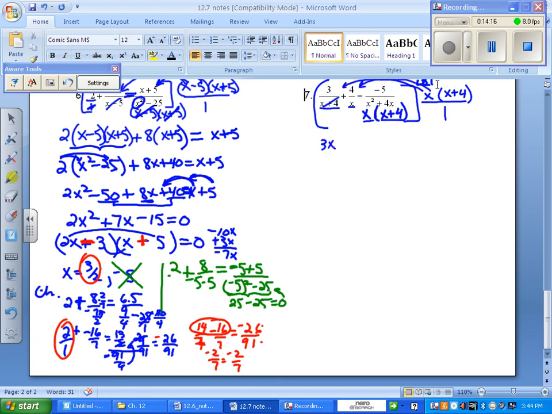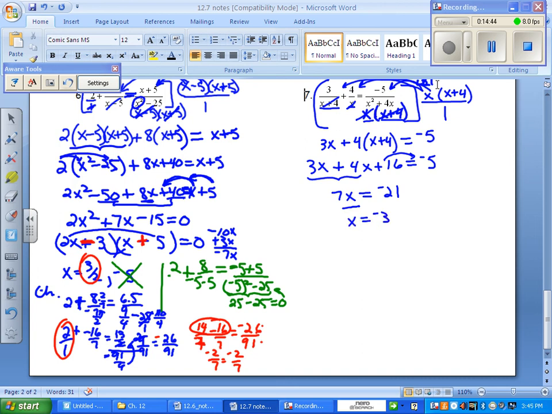Distribute to the second term, the x's cancel and you have plus a 4 times the quantity x plus 4. Distribute to the other side of the equation and both the x and the x plus 4 cancel, you'll get a negative 5. So you have 3x plus 4x plus 16 equals negative 5. Combine, you have 7x equals a negative 21, and divide by 7, and x will equal a negative 3.